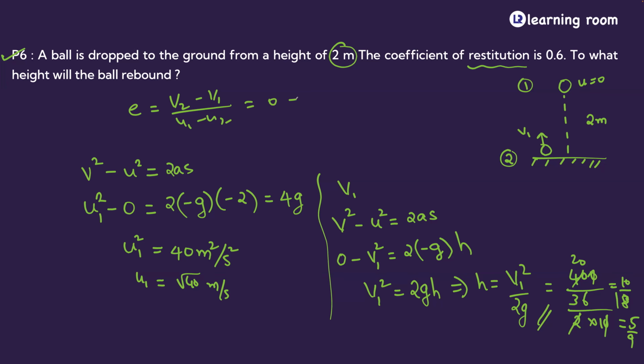V2 is 0, minus V1, how much is that? That's what we need to calculate. The whole divided by U1, which is root 2 GH, will be equal to 0.6. Am I right? So V1 will be equal to 0.6 into root 2 GH.